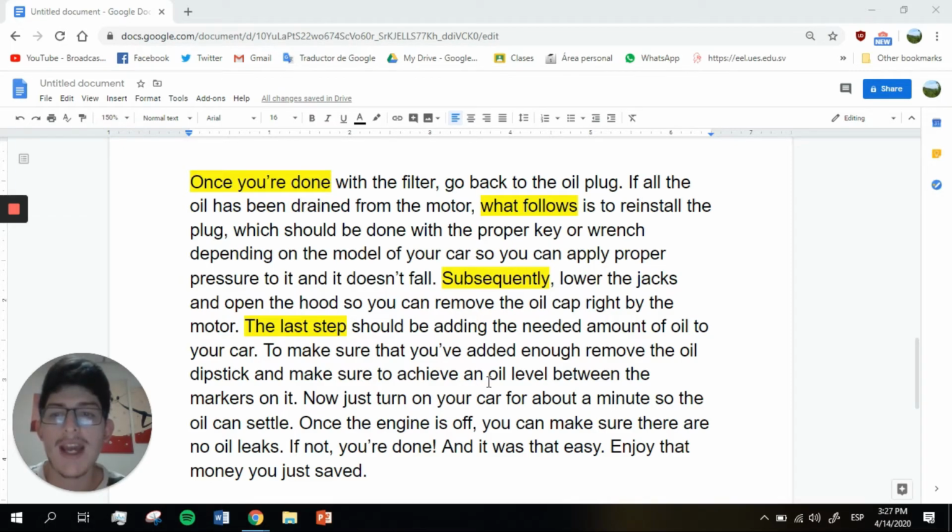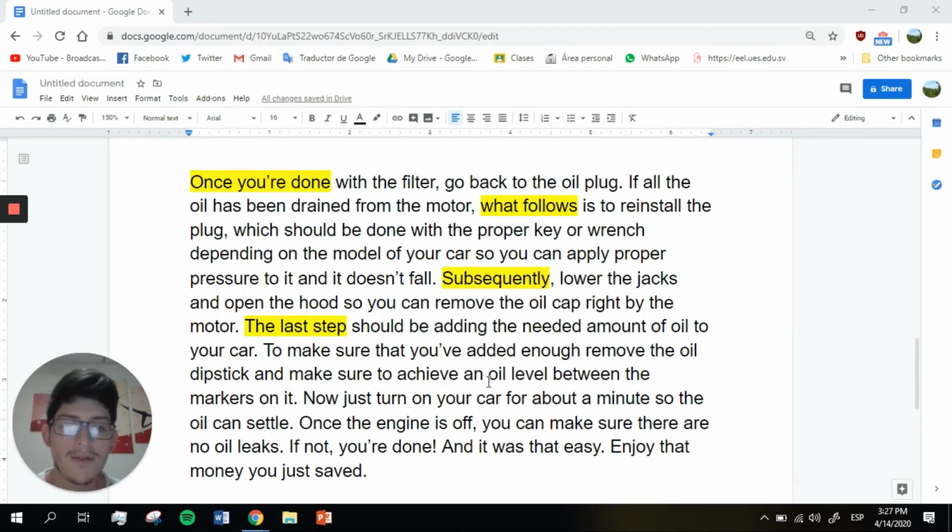Subsequently, lower the jacks and open the hood so you can remove the oil cap right by the motor. The last step should be adding the needed amount of oil to your car. To make sure that you've added enough, remove the oil dipstick and make sure to achieve an oil level between the markers on it. Now just turn on your car for about a minute so the oil can settle.